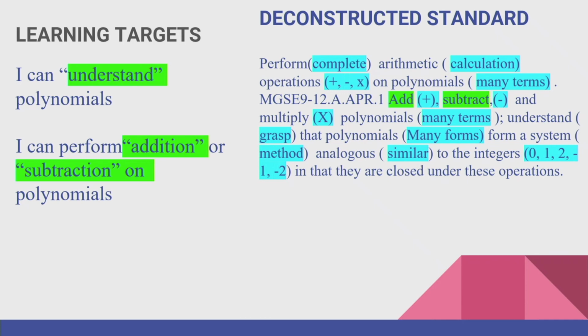The word polynomials, as I said before, poly means many, nomial means terms. The word analogous means similar. How you add integers or how you add other numbers, we're going to use the same method in polynomials.